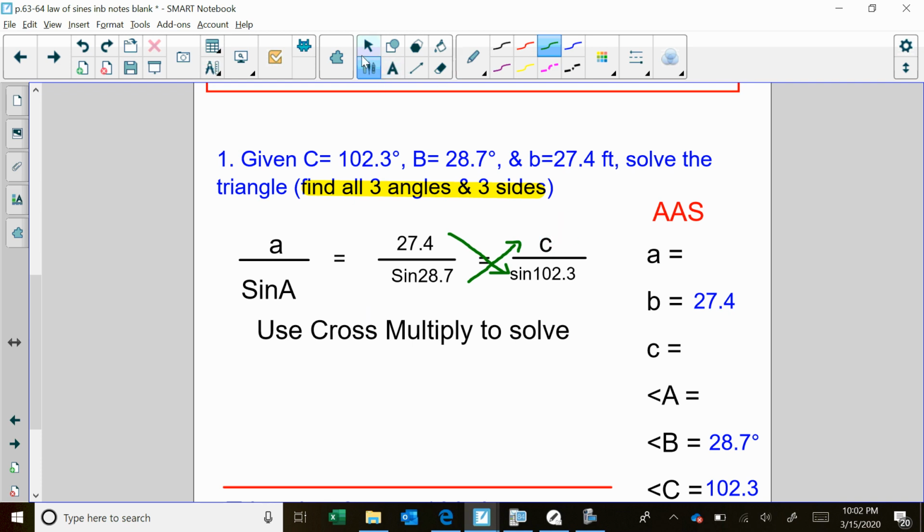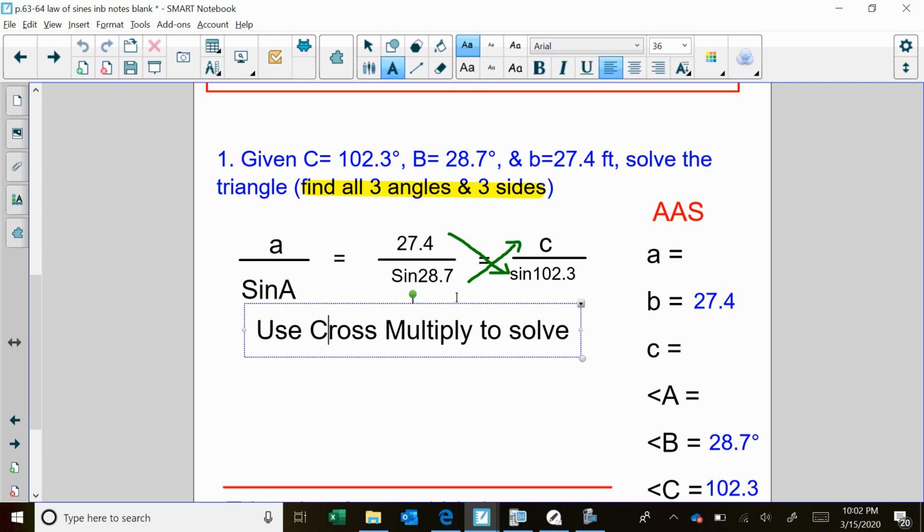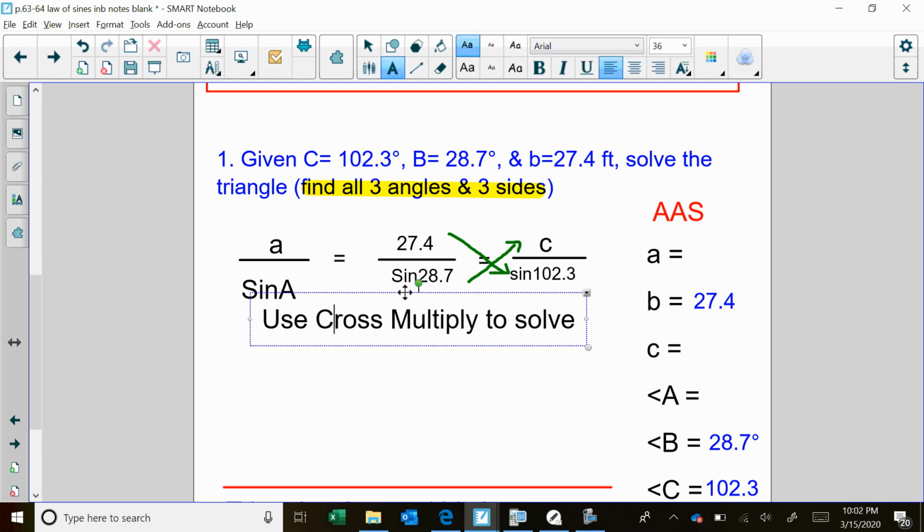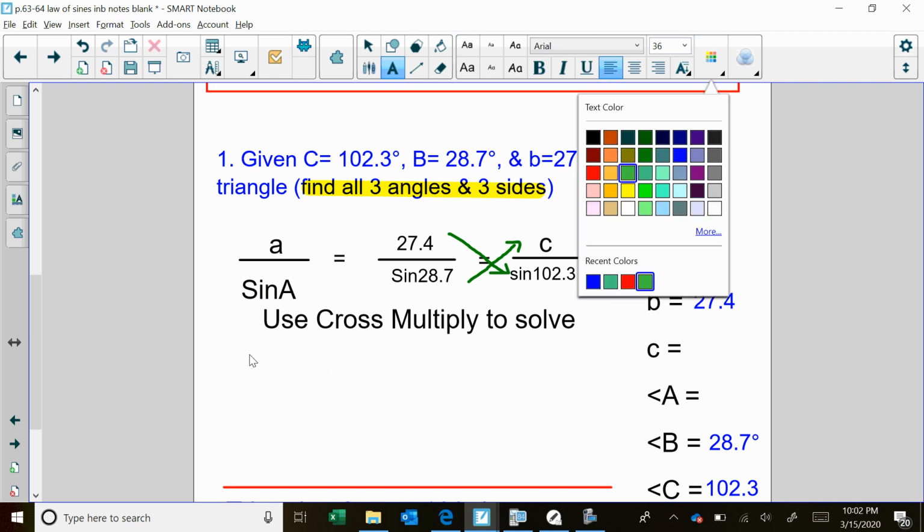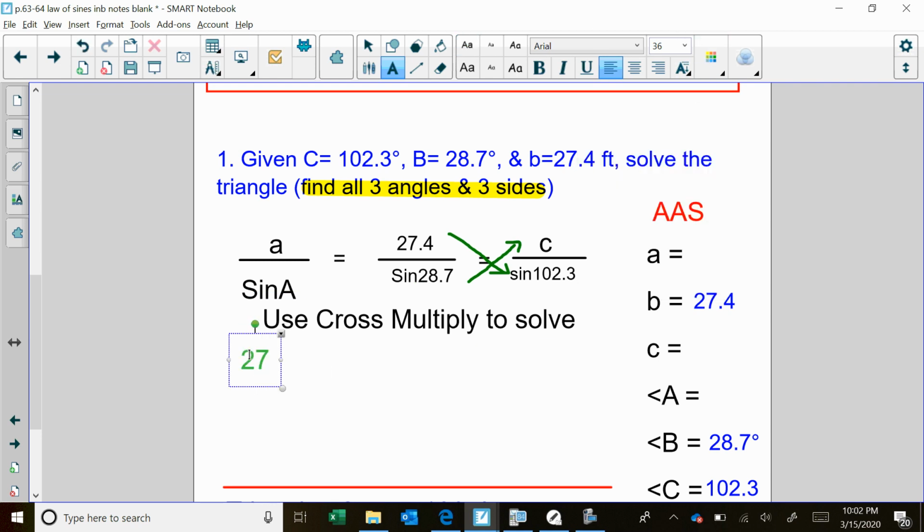As we use cross multiplication, I'm going to type this out just because it's cleaner. This is going to be 27.4 sine of 102 over 28.3, which is going to equal little c sine, well, I'm going to use a big S there, sine 28.7.